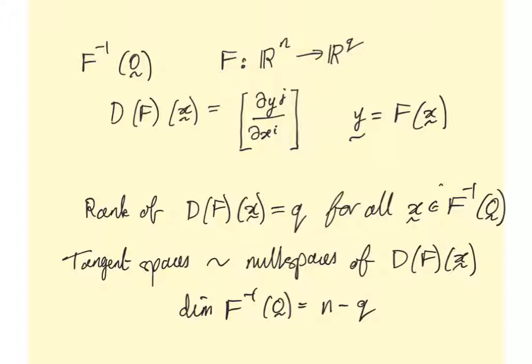And of course you can regard this in different ways. You can say that you've got q smooth conditions on Rn, and you're looking for the set of solutions, and you want to know when the set of solutions form a smooth submanifold, and this rank condition is the condition that you want.